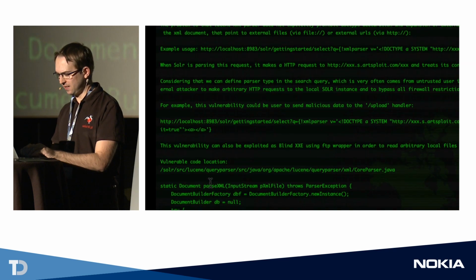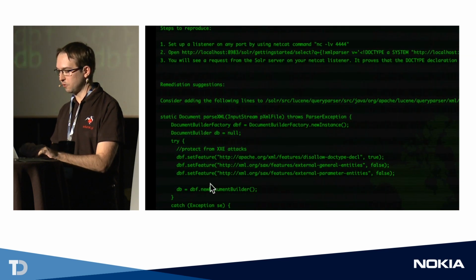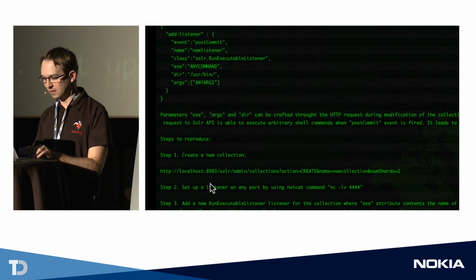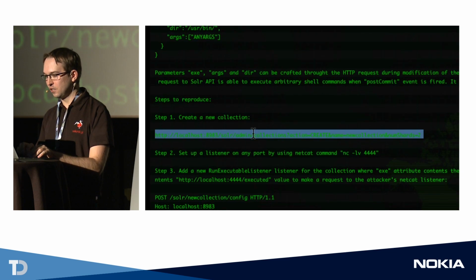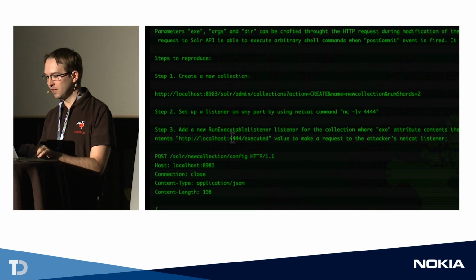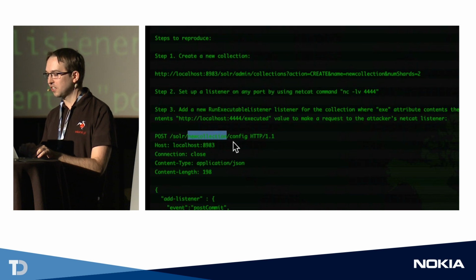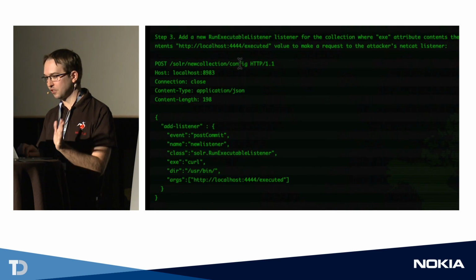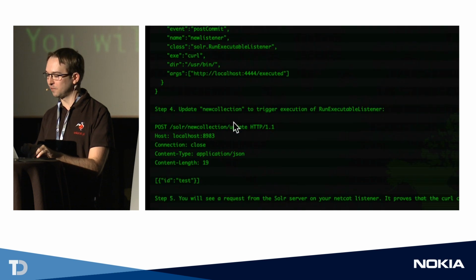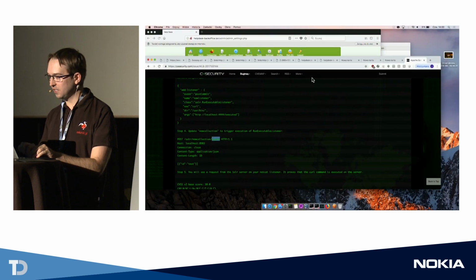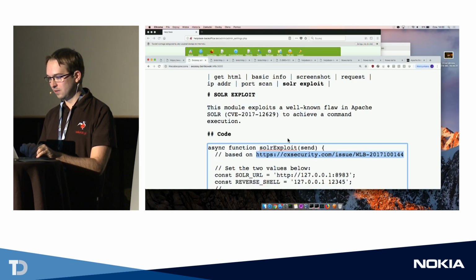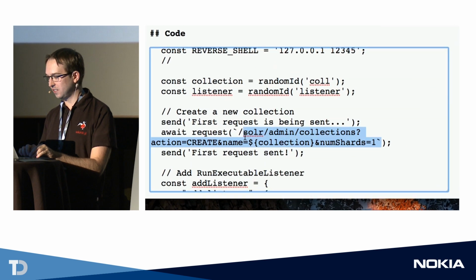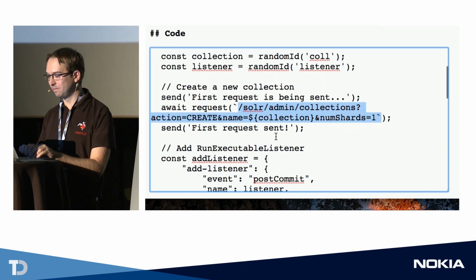Not going much into details, there was a vulnerability in Solr where you had to send 3 requests: a request that creates a new collection, a request that updates the collection, and a request with the configuration of the collection and then the update of the collection. So what I did over here is that I implemented those 3 requests from JavaScript, and that's all.